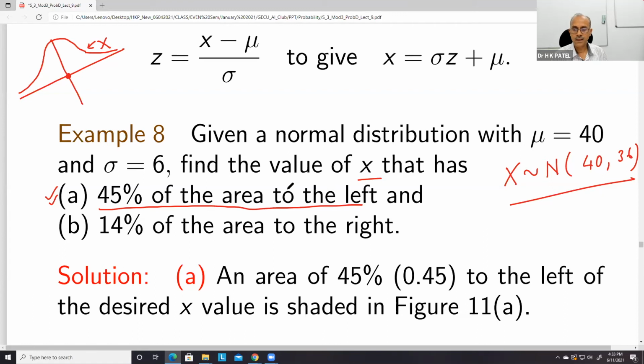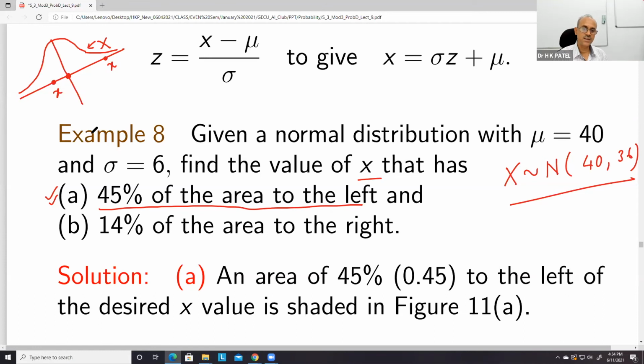So X will be somewhere here, because if you take X on the right side and calculate the area to the left of X, it will be more than 50%, since this half side is already there. Since it is 40%, this value of X will be here. Second part, 14% of the area to the right. In this case, X will be here, right?